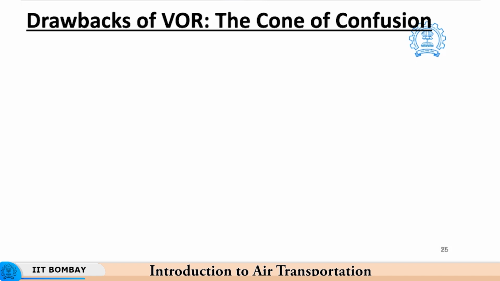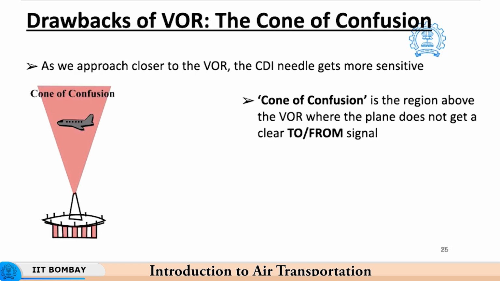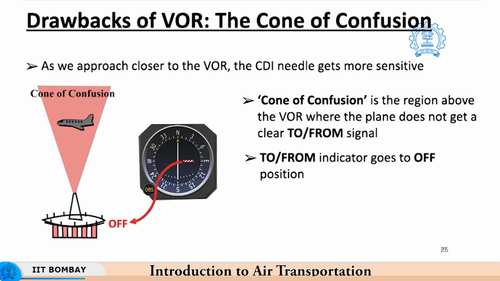Now, despite the enhanced usage of VORs, there are many drawbacks or anomalies related to VOR operation. The first and foremost anomaly is called the cone of confusion. As we approach a VOR station, the CDI needle gets very sensitive. It swings rapidly, and hence this creates a sense of confusion. In fact, when the aircraft is immediately above the VOR station, the to-from indicator turns to off.